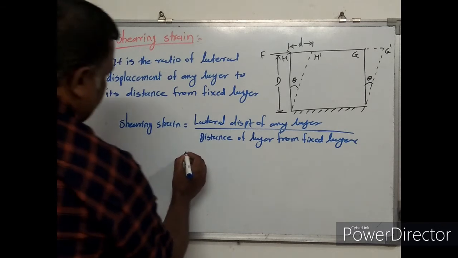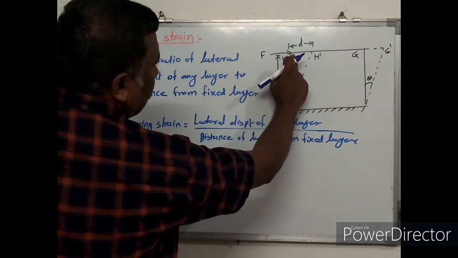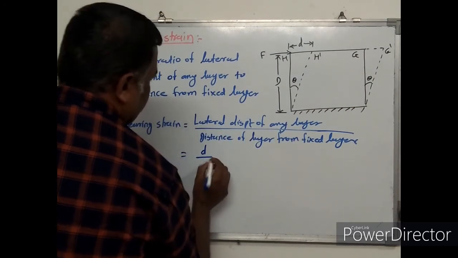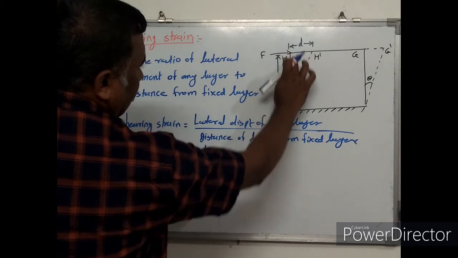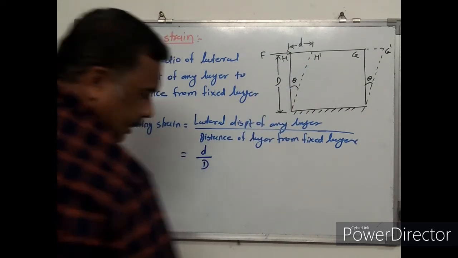Here lateral displacement, this displacement from point H to H dash or G to G dash, that is small d, and distance of this topmost layer from fixed layer is capital D, right?